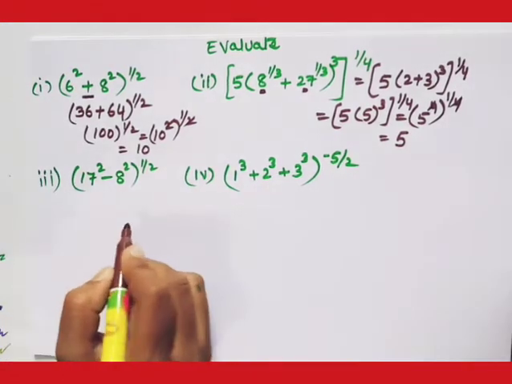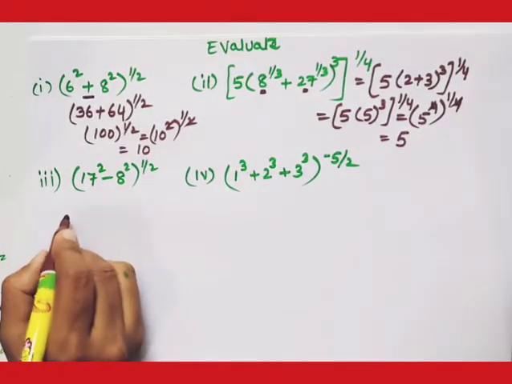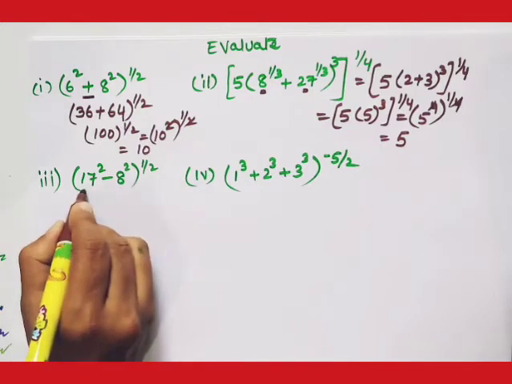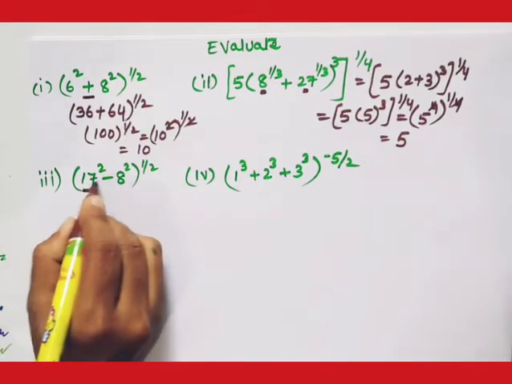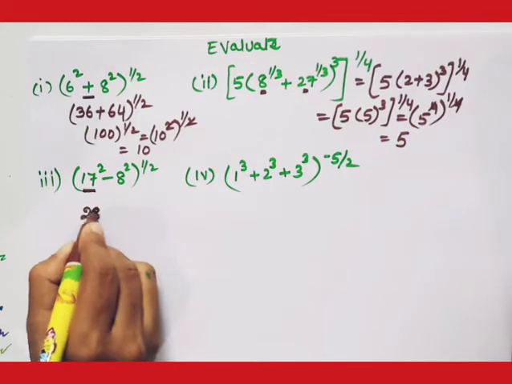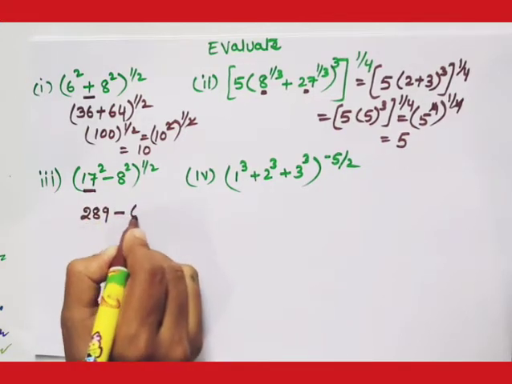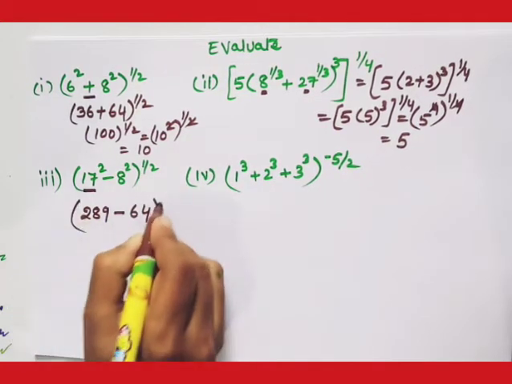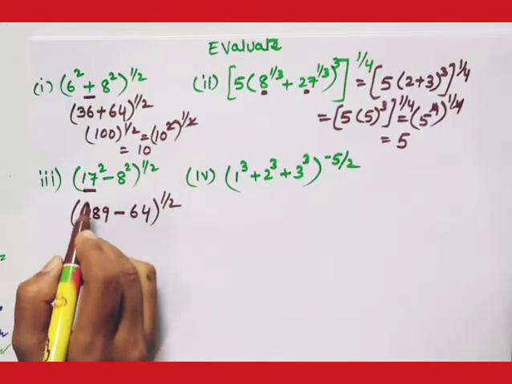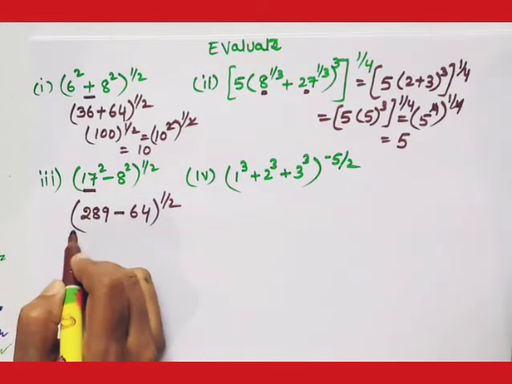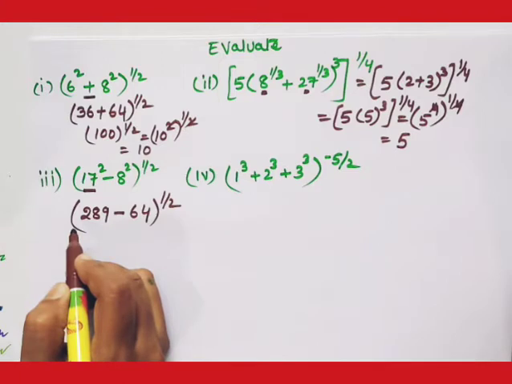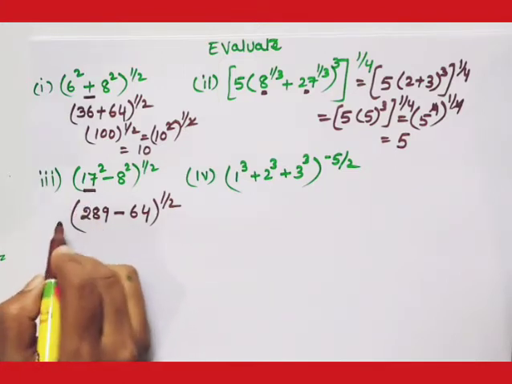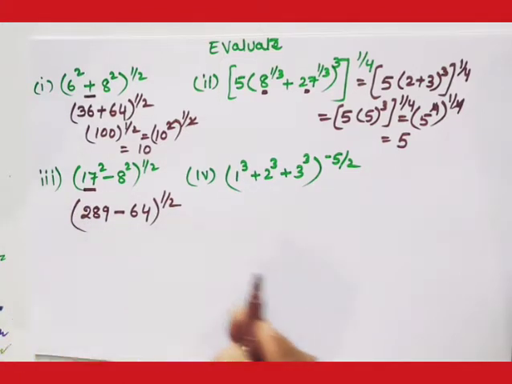Now come here. 17 square minus 8 square to the power 1 by 2. Simply first find out 17 square, that is 289, minus 8 square is 64, to the power 1 by 2. Children, you should know the squares of at least 1 to 20. If you don't know, you should go through it, or then you have to multiply 17 into 17 to get 289.